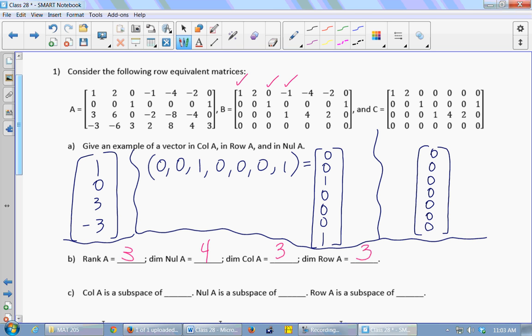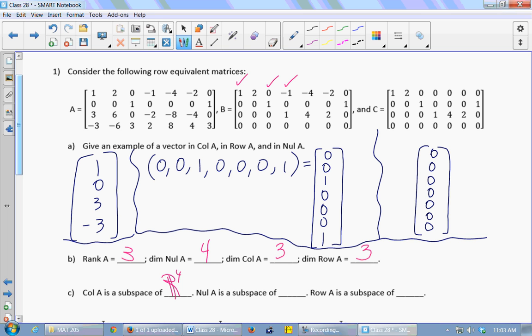R4 in this case. Yeah. Because the column space is just linear combinations of the columns of A, and these are all 4 entry vectors, each of those columns. So when I take linear combinations of 4 entry vectors, I get a 4 entry vector. So the col of A is a subspace of R4, right? All the vectors in col A live in R4.